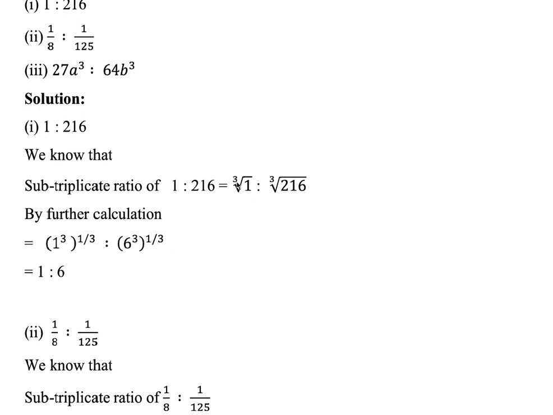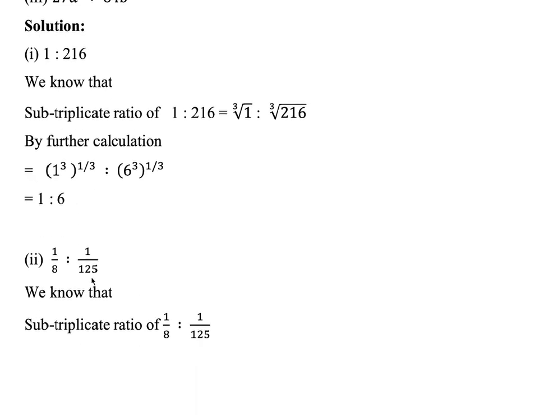If 3 is there, and you want to vanish the root, then in the power it will be coming 1 by n. So here if 3 is there, 1 by 3; if 4 is there, the figure coming out is 1 by 4. That is the rule. Okay, so it comes to 1 is to 6.